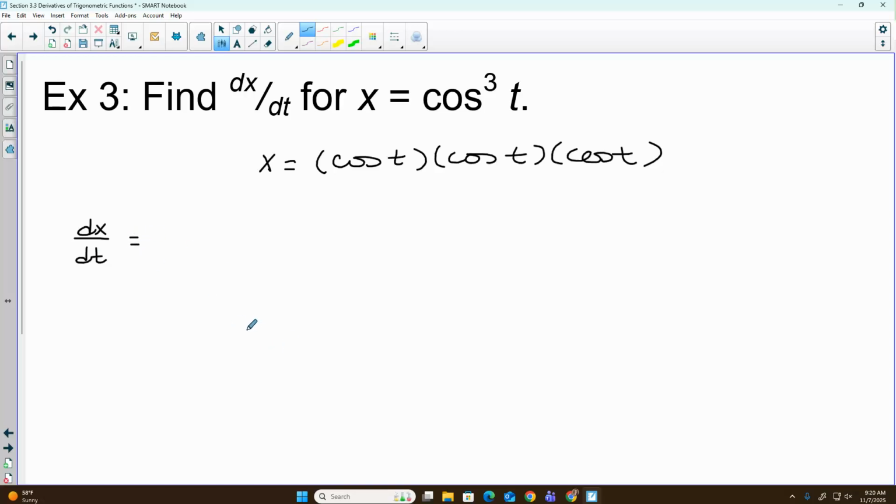We're going to have to do the product rule, but it has 3 pieces. So think about what happens in the product rule. You do the derivative of one and everything else stays the same. So that's what we're essentially going to do. We have 3 things. We're going to do the derivative of one at a time. And when we do its derivative, the other 2 stay the same. So, what's the derivative of the first one? When I do that, the other 2 stay the same.